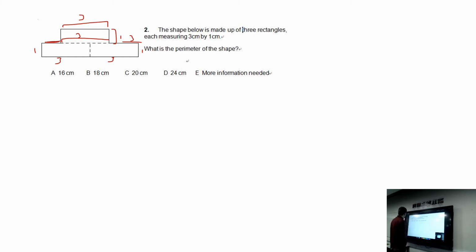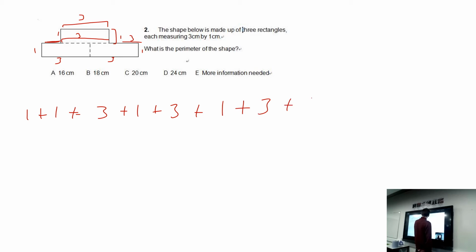So let's put everything together. We start from this side here, so this will be 1, this bit is 1 as well, plus 3, plus 1. I'm doing all of the top bit, so that's equal to 3. Plus 1, then we've got plus 3, plus 3.